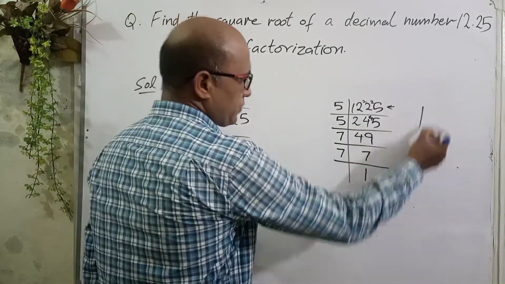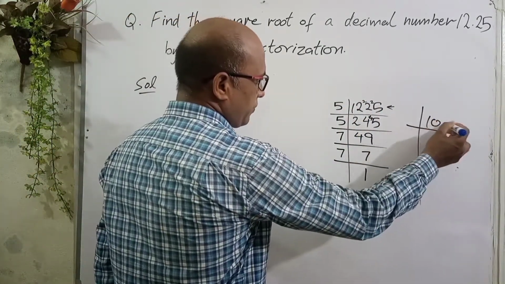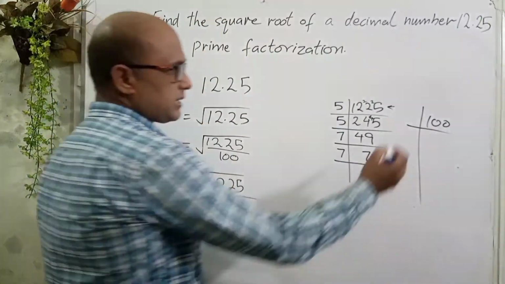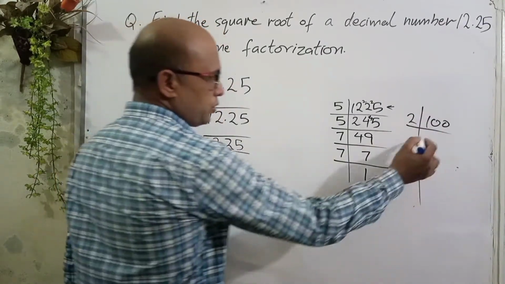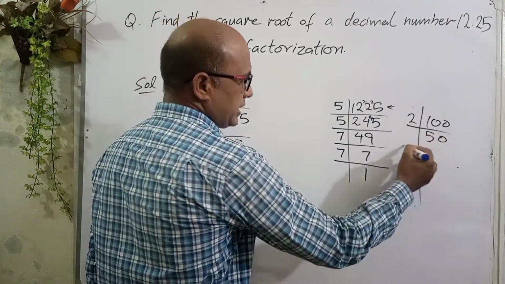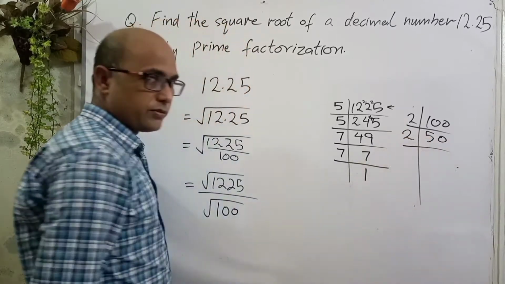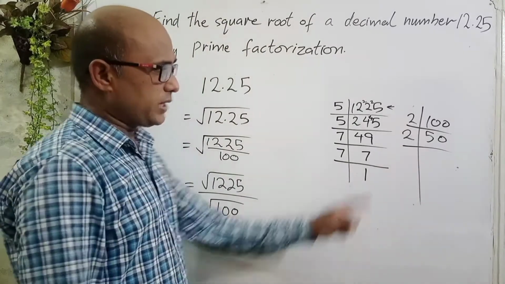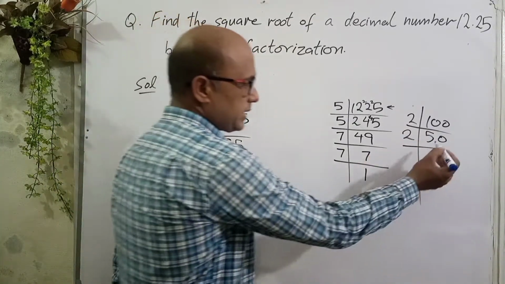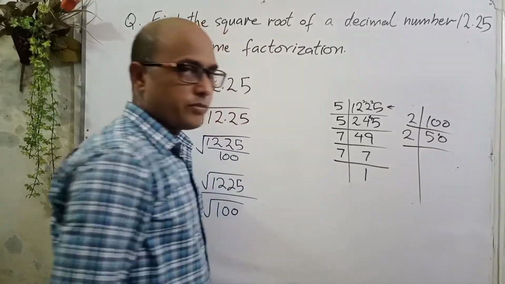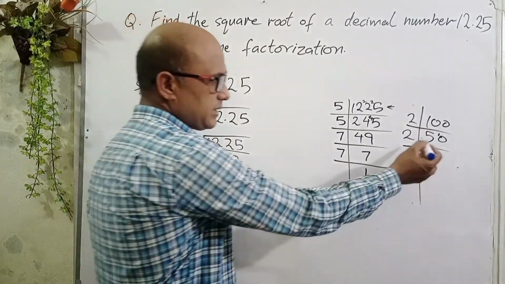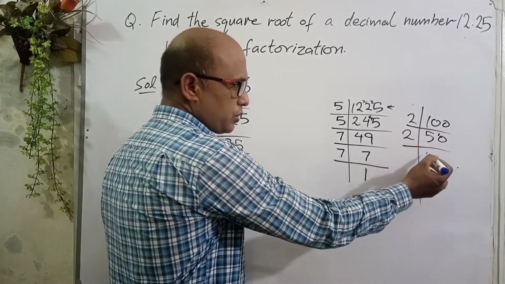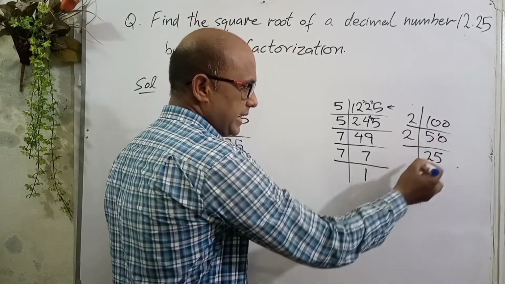Now we have to find the prime factors of 100. Because it is an even number, we'll start with 2. 2 5s are 10 and 2 zeros are 0. Next again with 2. 5 is not divisible by 2, so we'll shift 1 to the next number, which will become 10, and the remaining number is 4 now here. 2 2s are 4 and 2 5s are 10.